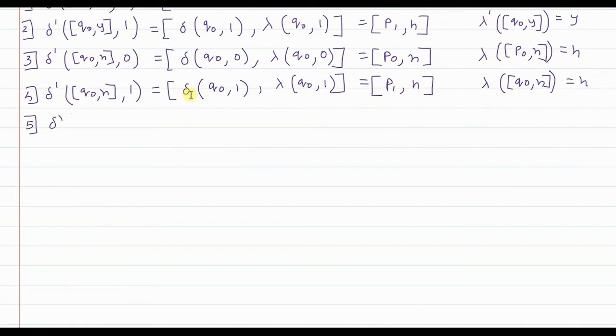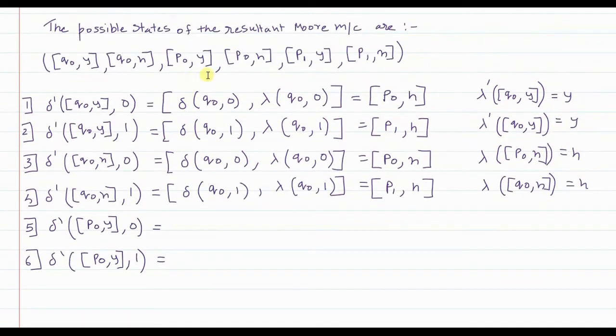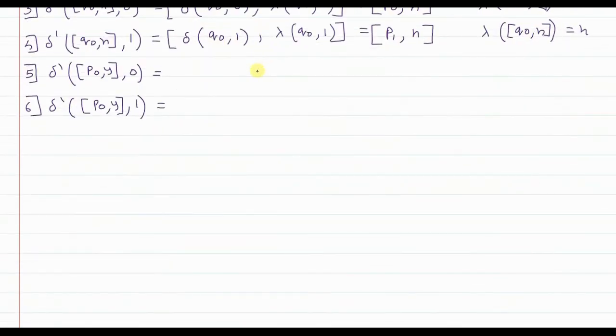we will write δ' of the state P0y on 0, and then sixth we'll find out δ' of state P0y on 1. Correct? Then we will go for P0n on 0, P0n on 1.